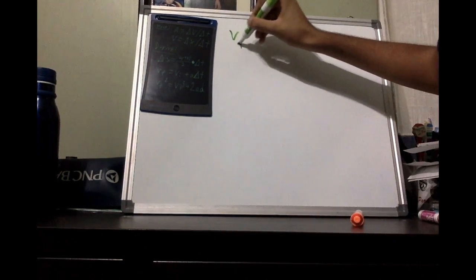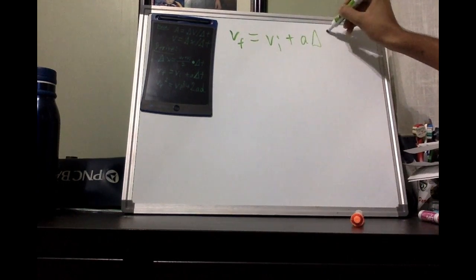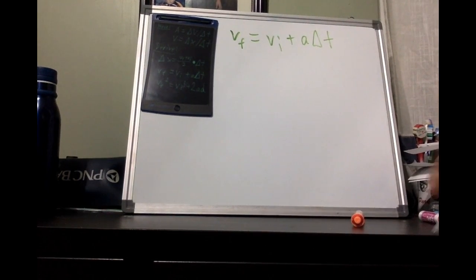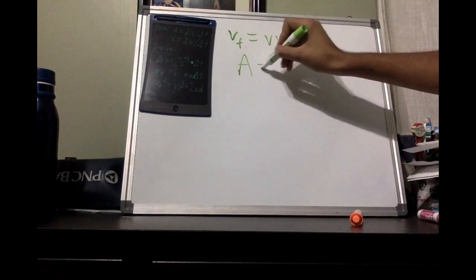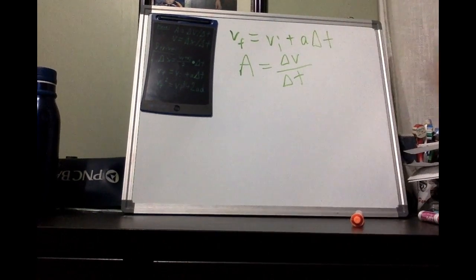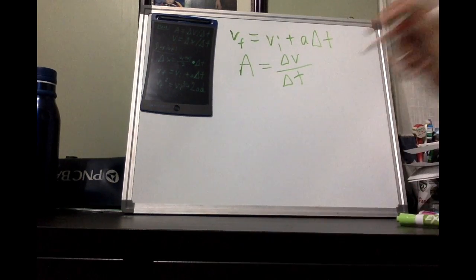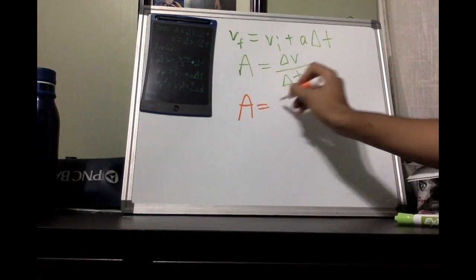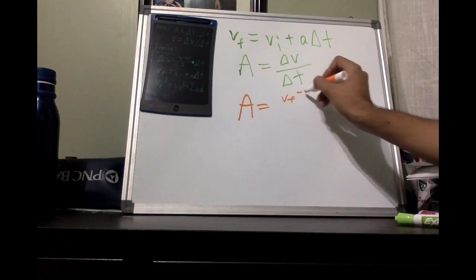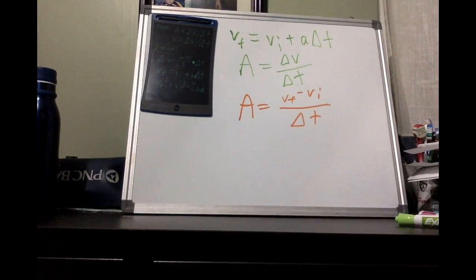Our second equation, the equation for final velocity, is actually the most simple to find out of all 3 equations. It's just math. So we get our acceleration equation and we start to move things around. Now, change in velocity is final velocity minus initial velocity over delta time, change in time.